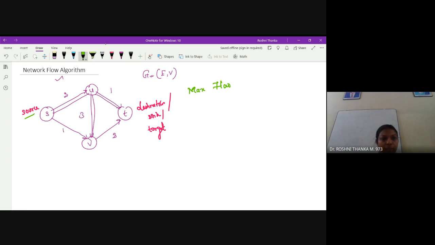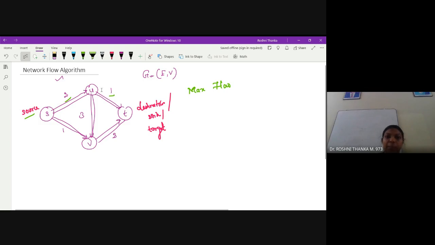You can see every path may have a different capacity of the pipeline. This pipe has a capacity of 2, this path has a capacity of 1, this path has a capacity of 2, like this. For example, I will send 2 volume of data through this path.